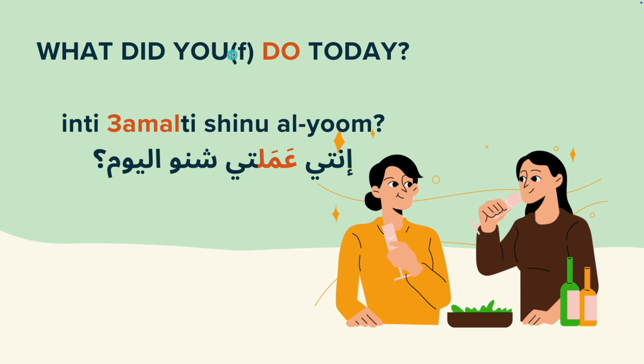So you, female, is inti. The verb to do or to make is عمل. So you need to conjugate عمل with the pronoun inti. So inti عملتي. See? inti عملتي. شنو اليوم? What did you do today? Or you can put شنو in the beginning. شنو انتي عملتي اليوم? What did you do today?